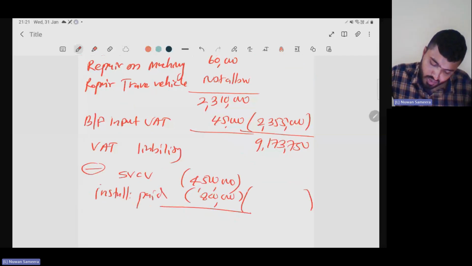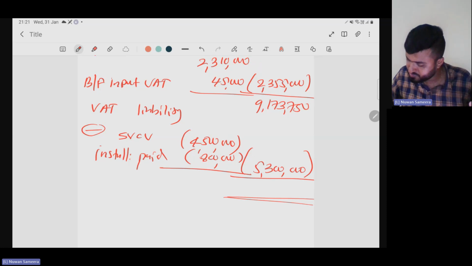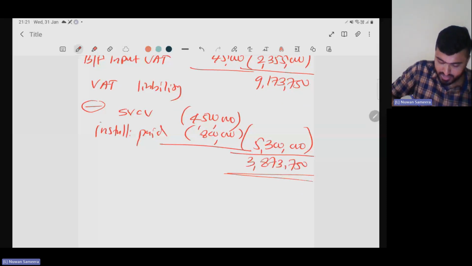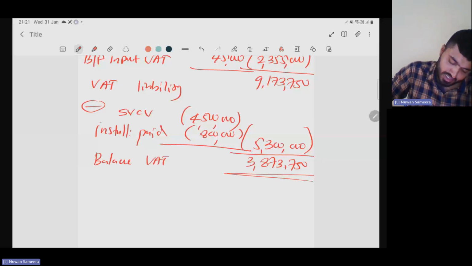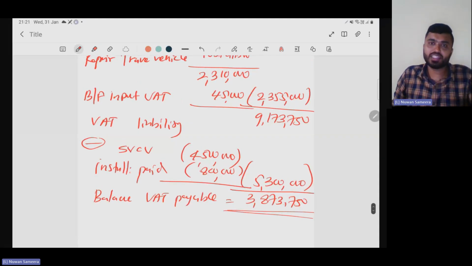So now 5.3 million. So 3,873,750 is what? Balance VAT payable. Right. This is the calculation.